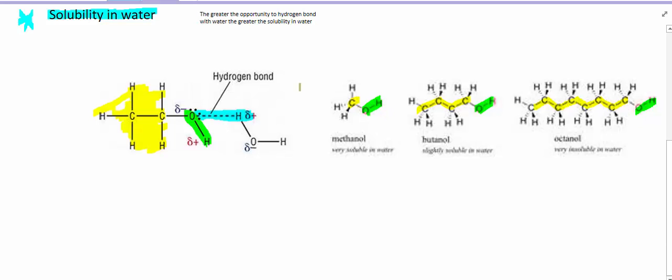However, as the chain gets longer, the significance of this non-polar component gets stronger, and therefore solubility decreases. So the methanol would be more soluble in water, for example, than octanol, which may be considered insoluble in water because although it does have this one site capable of hydrogen bonding with water, it's got a much more significant non-polar component, so it would be considered non-polar overall.